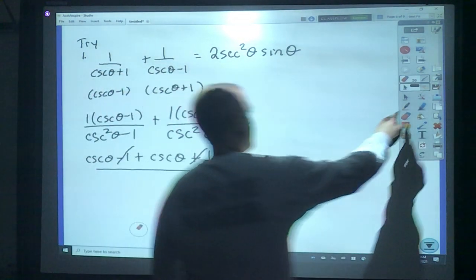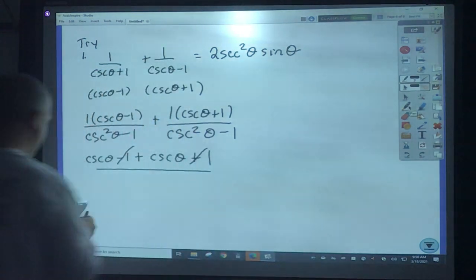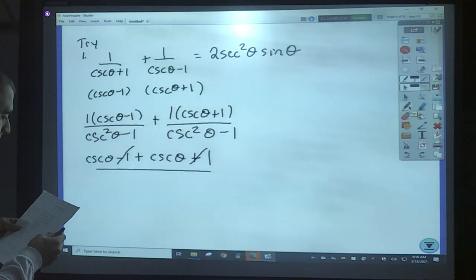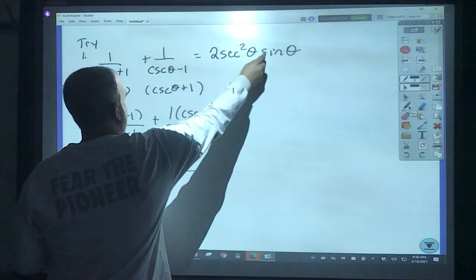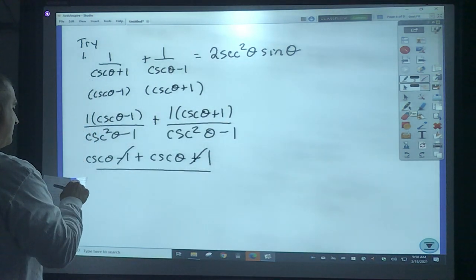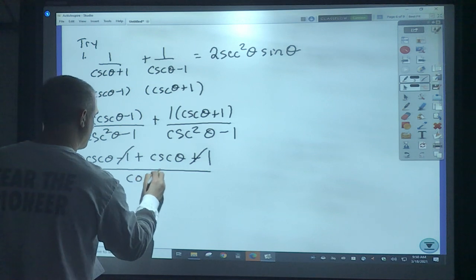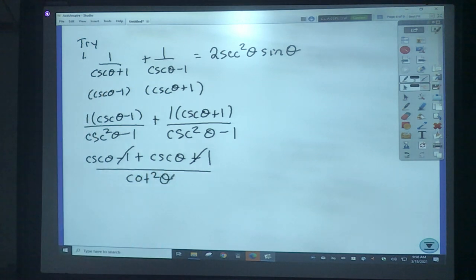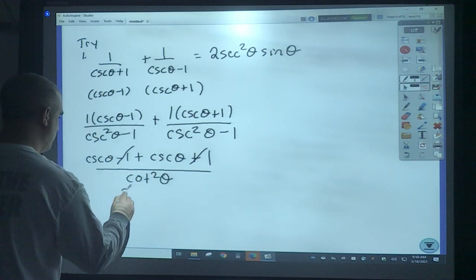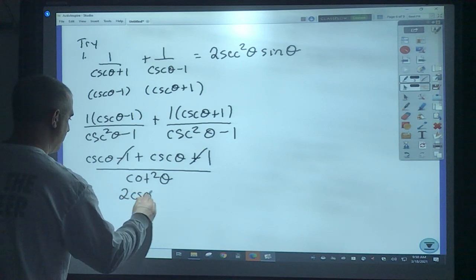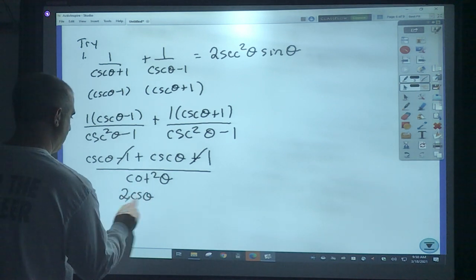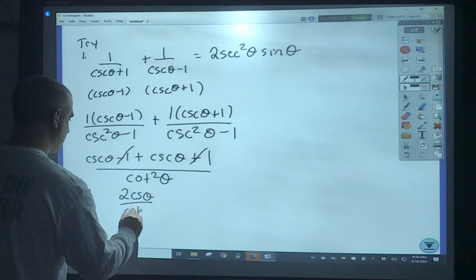This right here will be the identity. I was wondering where something went wrong. I knew I went wrong because I wasn't getting that. And what this is equal to is cotangent squared theta. So I got 2 cosecant of theta over cotangent squared theta.